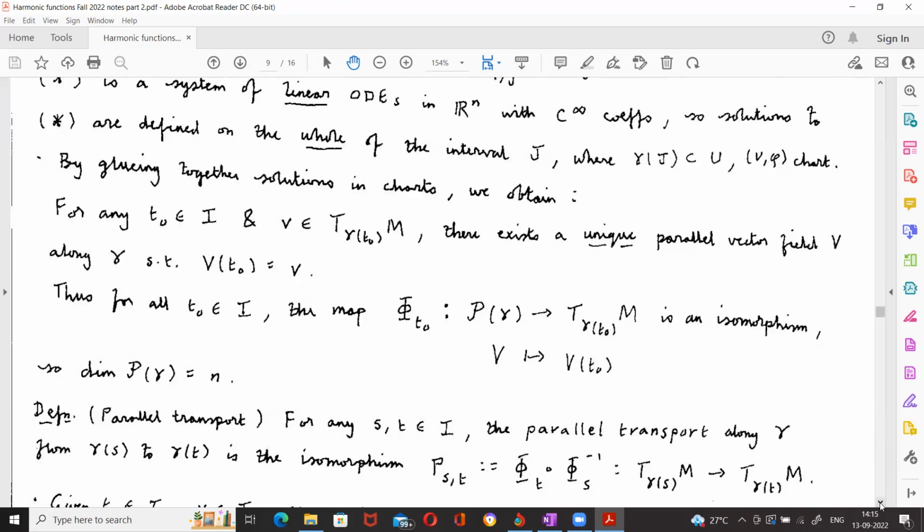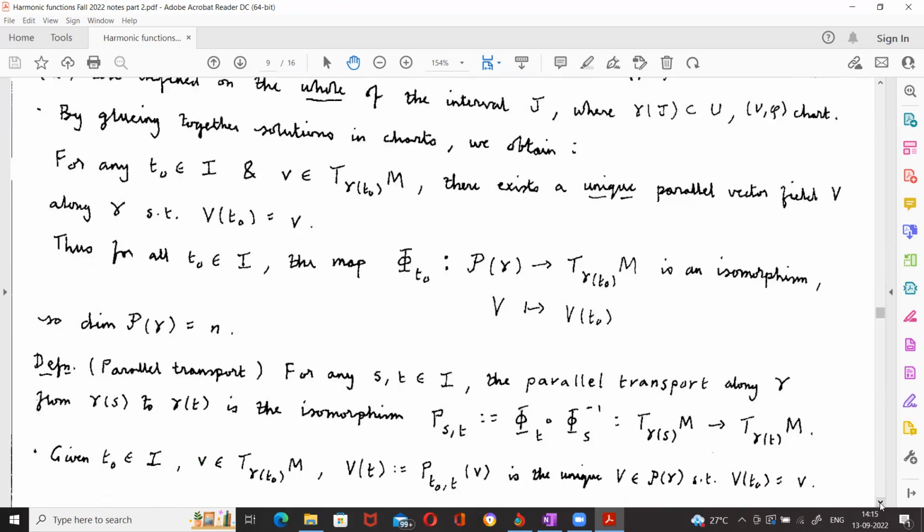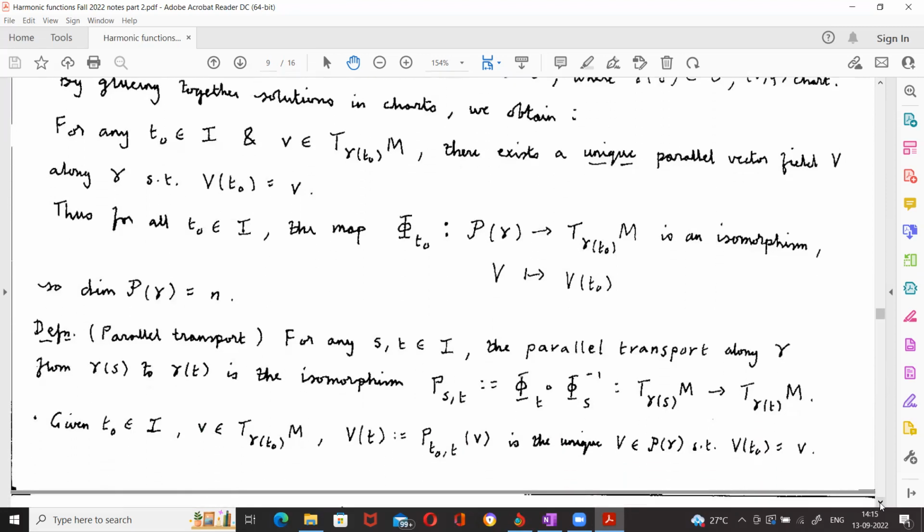And this leads us to define what's called parallel transport along the curve.